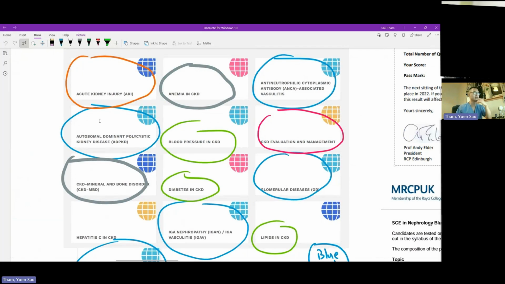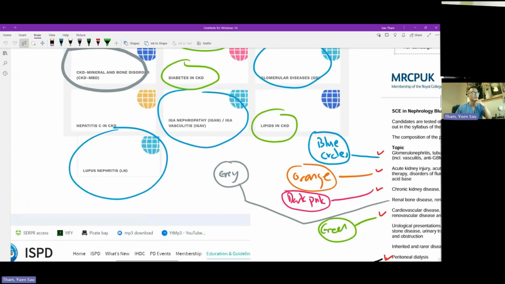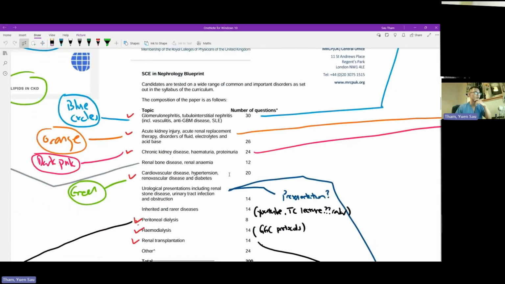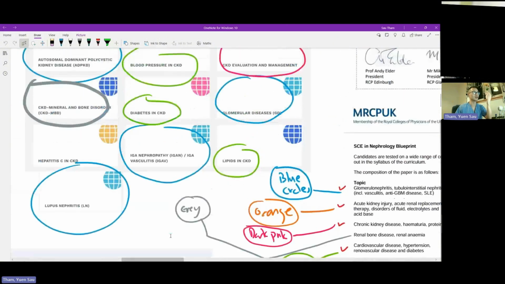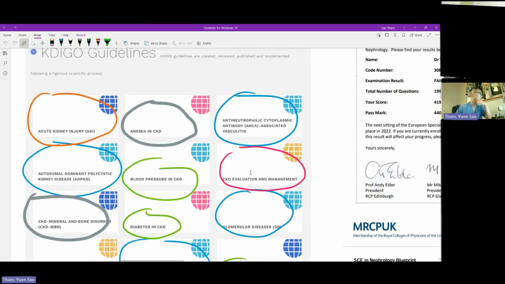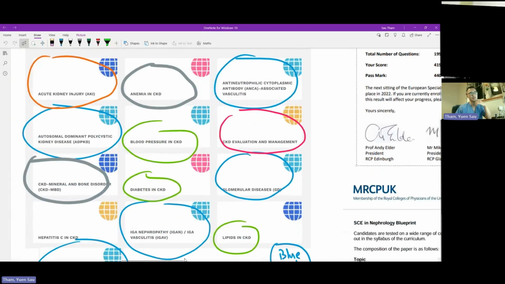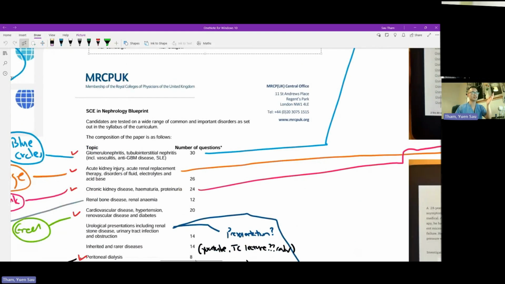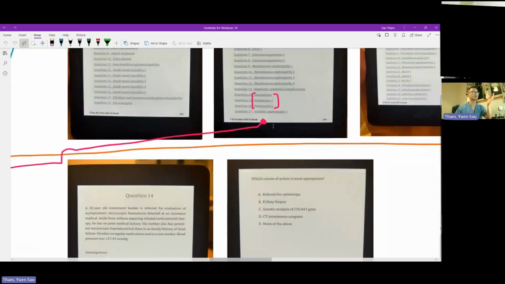And you need to read the guideline. So going down, CKD, 24 questions, also a big chunk. Again, KDIGO also has one there, CKD evaluation and management. So again, you have to read that. And again, Nephro Shots covers a large proportion of it as well.